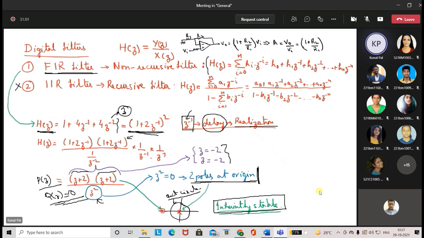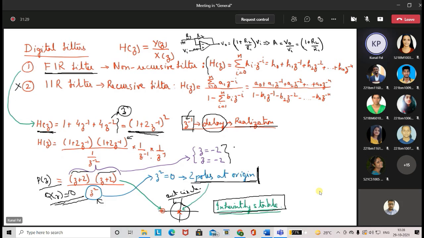Now, since the poles will be placed at the origin of the Z plane, how will the gain of the system be varied? The gain of the system can only be varied by placing zeros at different locations.